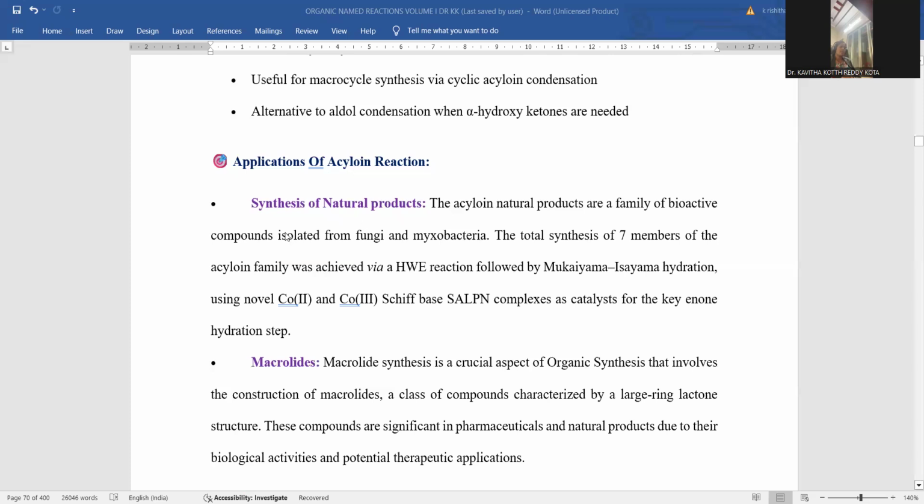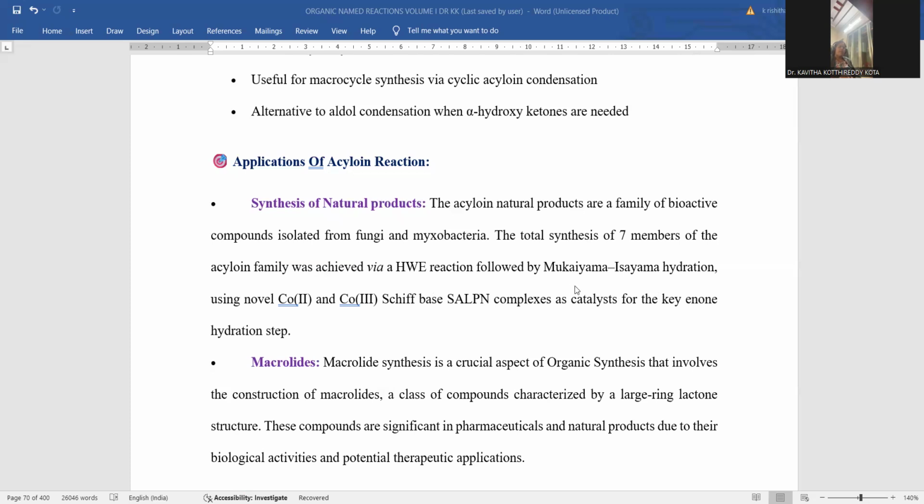Applications of the acyloin reaction. Synthesis of natural products is possible. Acyloin natural products are a former family of bioactive compounds, and they can be isolated from myxobacteria and fungi. The total synthesis of 7 members of the acyloin family was achieved via the HW reaction, acyloin reaction by Isayama hydration.